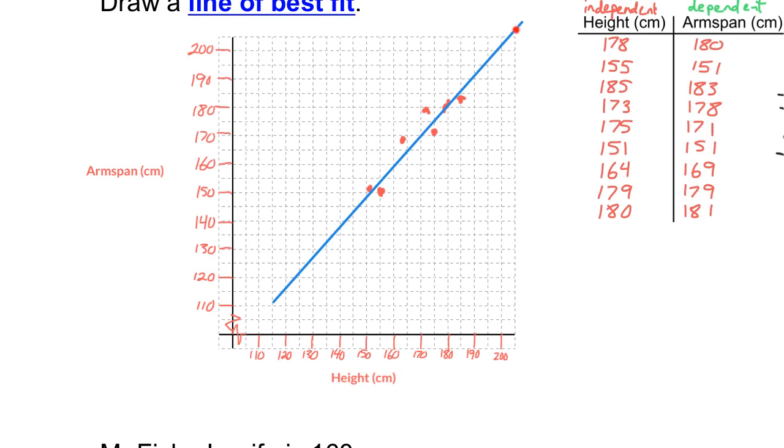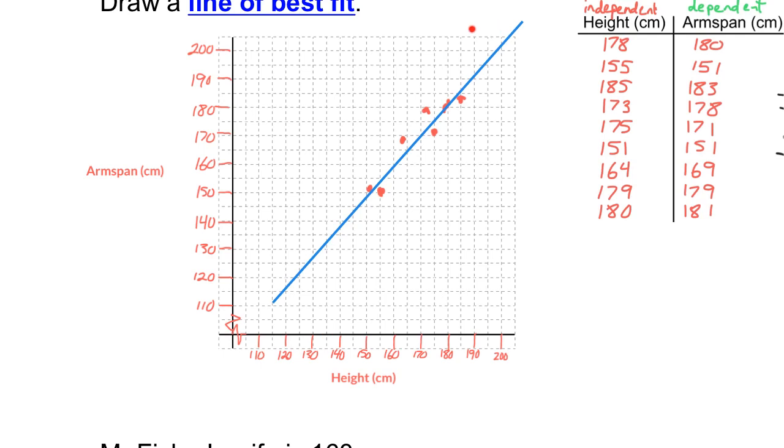So if I'm estimating what his arm span would be, well, that's going to be 207 centimeters. This is called extrapolation because we're predicting a value that's outside of the points that we already have.